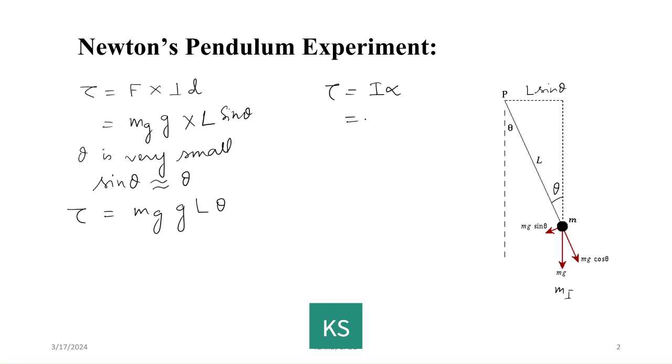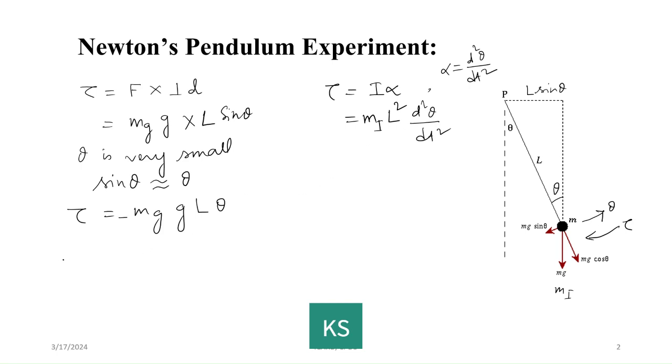Moment of inertia is inertial mass multiplied by the distance squared, and alpha is d2 theta by dt2. Now theta is acting in this direction, then tau is acting in the opposite direction. Therefore we will have a negative sign here.